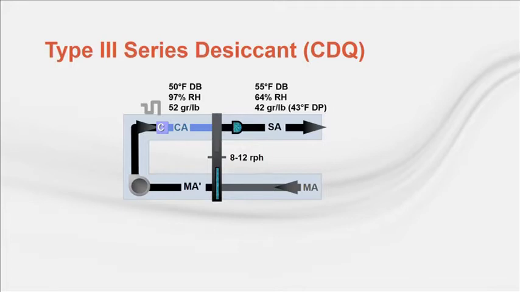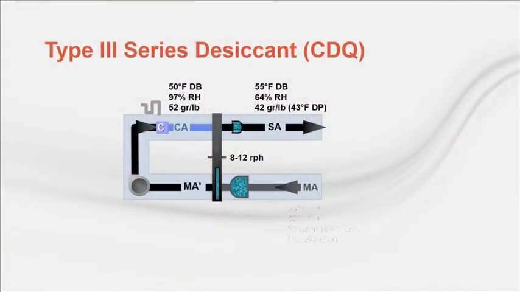With this removal of water vapor, some heat will be gained from the adsorption process. In this case, a resulting supply air dry bulb temperature of 55 degrees and a dew point temperature of 43 degrees. Let's make sure this part is clear. We were able to get a 43-degree dew point even though the coil leaving air temperature is at 50 degrees.